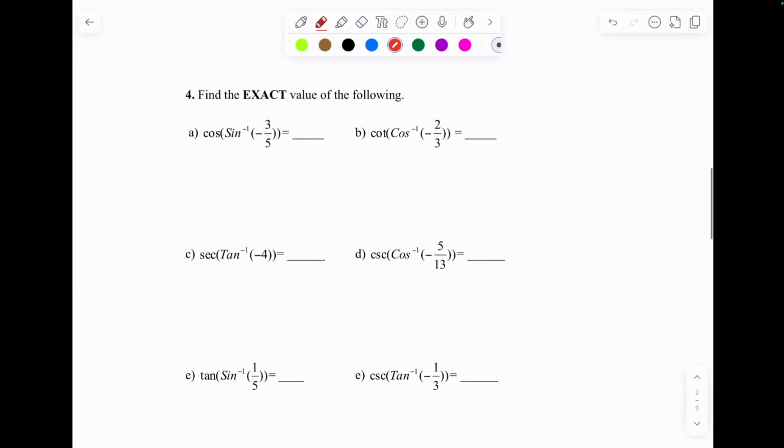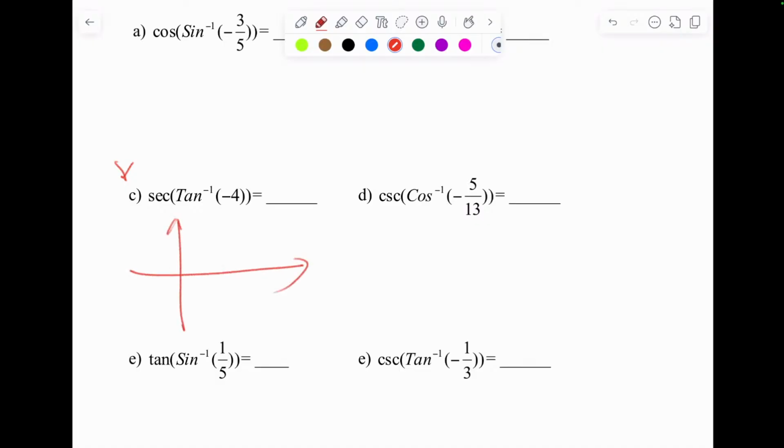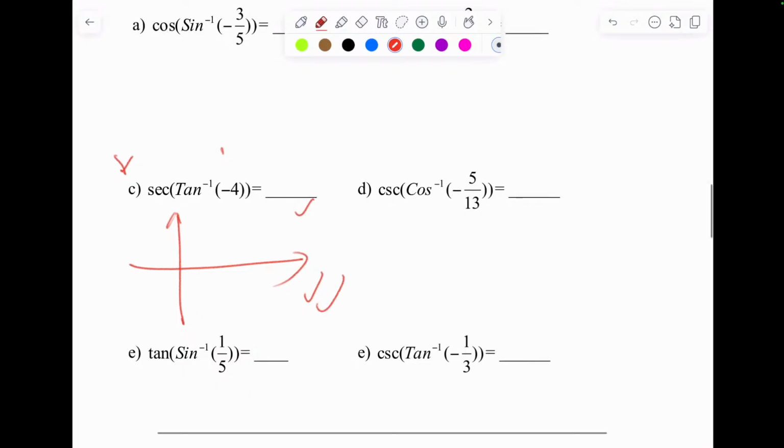Now I'm going to do a couple of those questions. I'm going to do secant, so I'm going to do C. Let's see how you guys do. Remember, use a double checking system. Tan inverse is this, two checks. Is that okay? It's in the right two quadrants. Tan inverse is negative. Which one? The checks on top or bottom? Bottom. Good. So you draw it out. Now, which one's going to be negative?